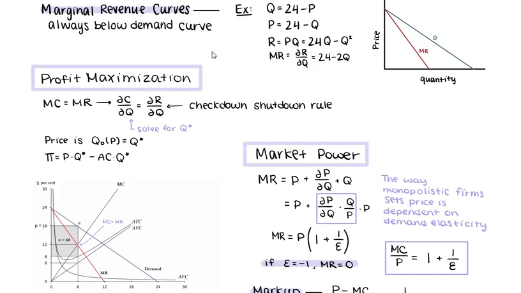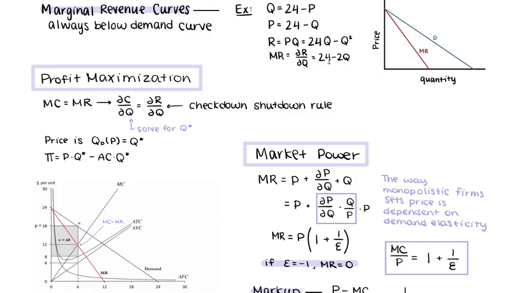So let's see an example. We derive the marginal revenue curve, and it is always below the demand curve. The quantity is 24 minus P. The price is this. So we can simply know the revenue equals the price times Q. And for this equation, marginal revenue, we just differentiate it.